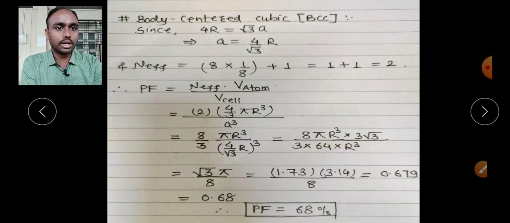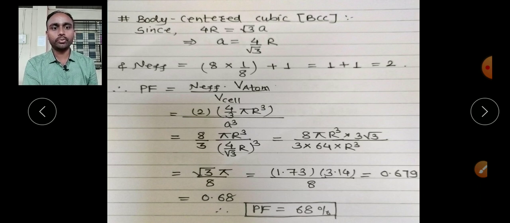8 as it is, pi as it is, r cube as it is, in the denominator this 3 as it is, cube of 4 is 64, cube of r is r cube, and in the denominator we have root 3 and its cube. So, root 3 cube means root 3 into root 3 into root 3. Two root 3 we can multiply together and we can get it as 3.